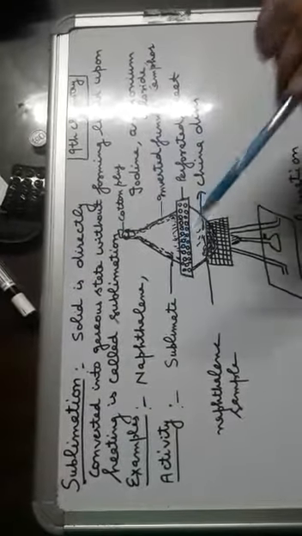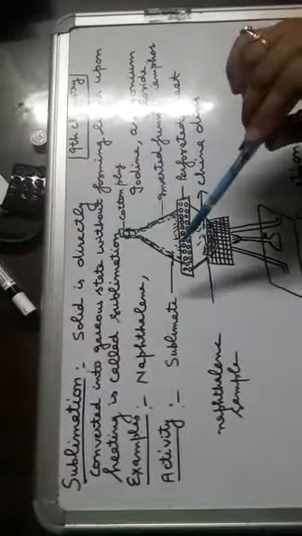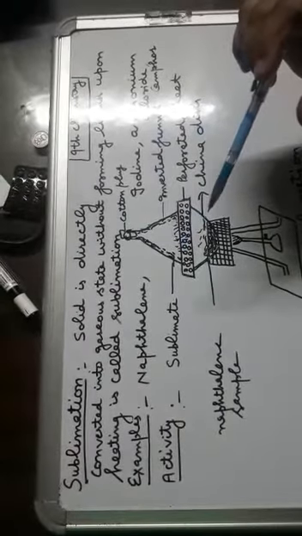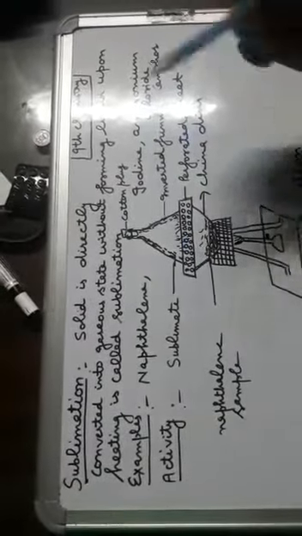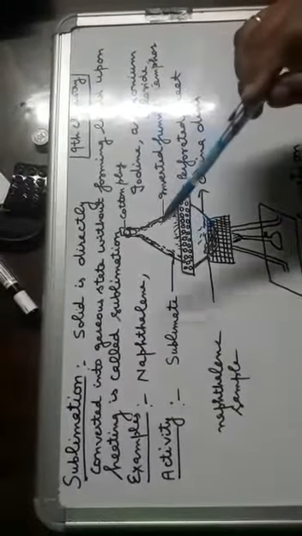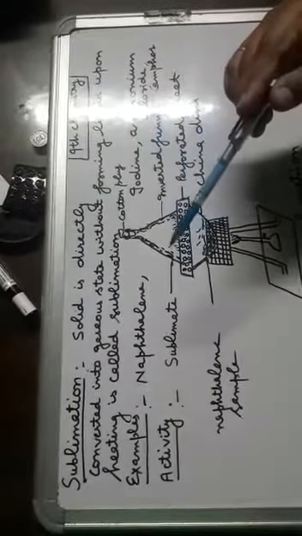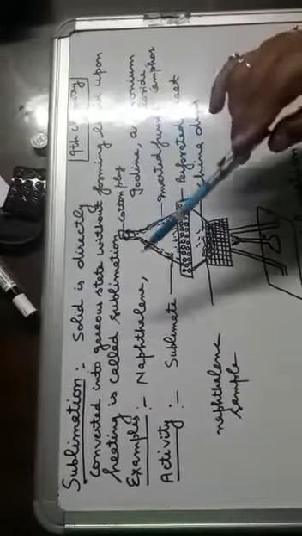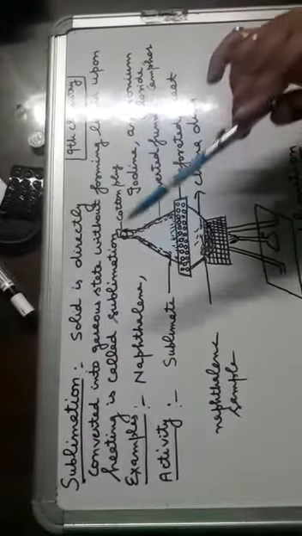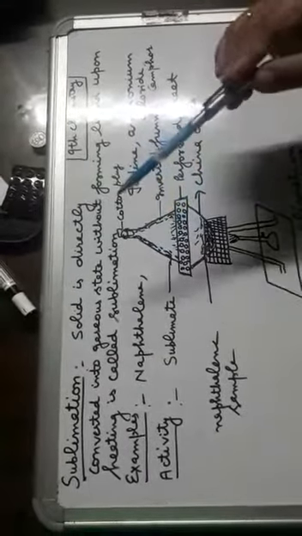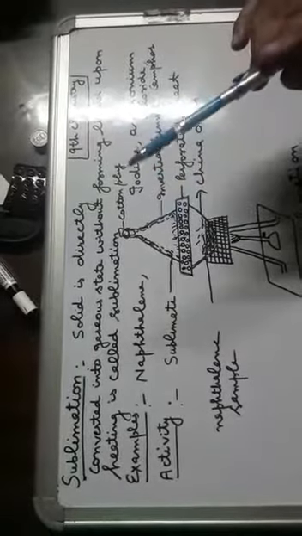The naphthalene balls are in the solid form. With the heat, the solid is directly converted into vapors. So your clothes get protected from any type of organism.